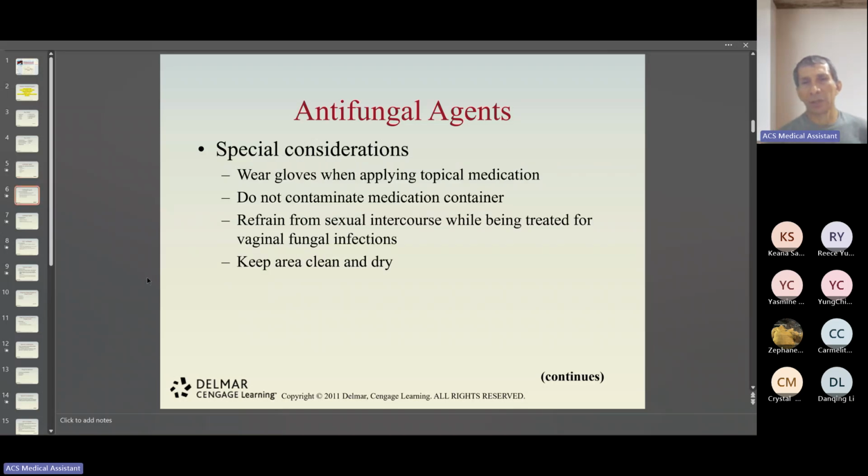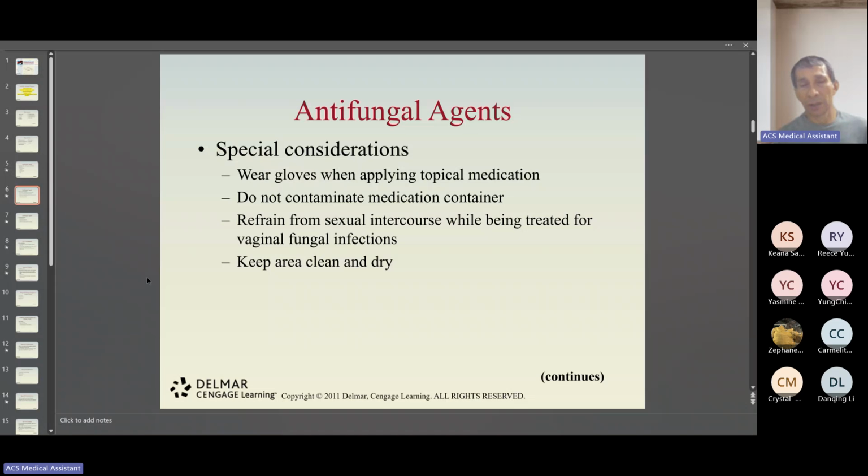So, special considerations. Anytime that you are applying antifungal medications, you need to wear personal protective equipment, particularly gloves. Once again, you wash your hands, put gloves on, apply the medication, then remove those gloves, wash your hands.